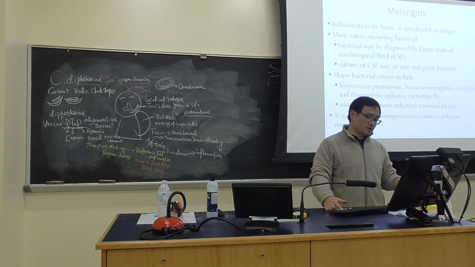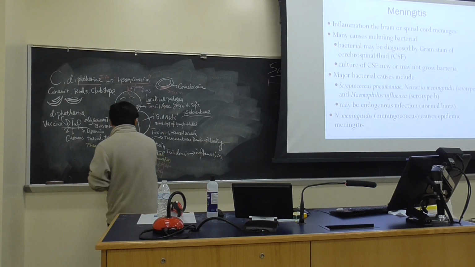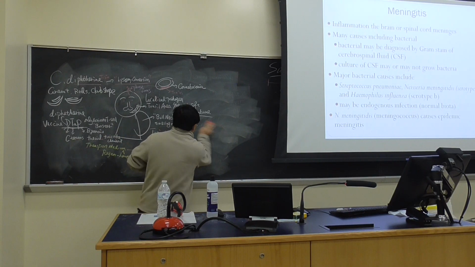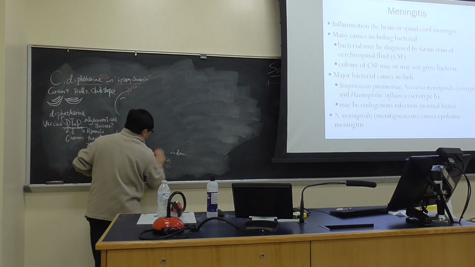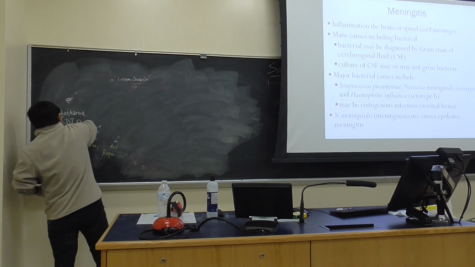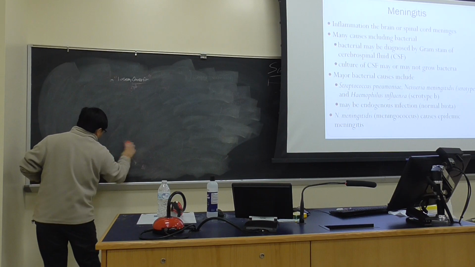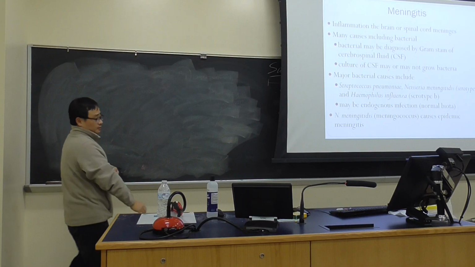Next one is meningitis. We want to mention several pathogens for meningitis. So the first question, what is meningitis? Meningitis is an inflammation of the membrane in the brain area.